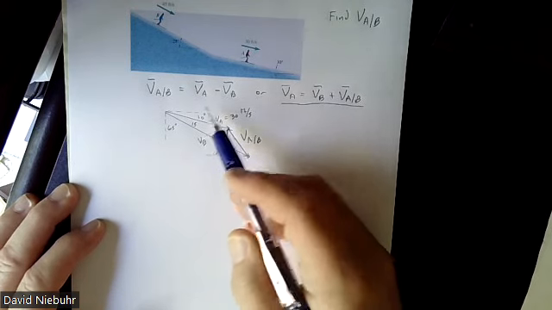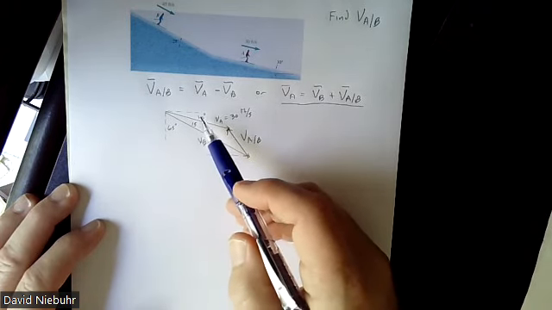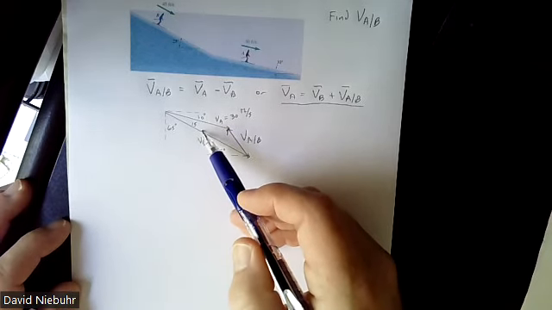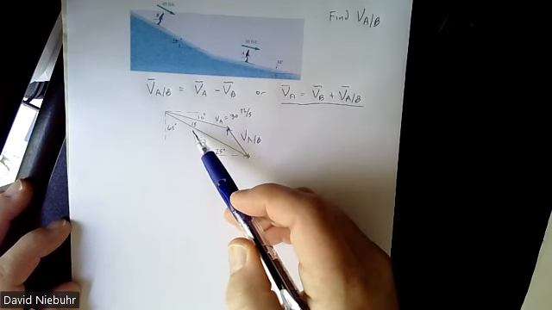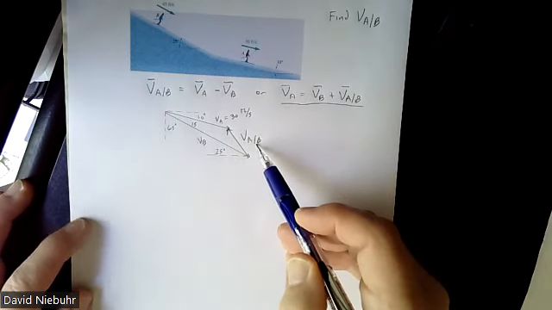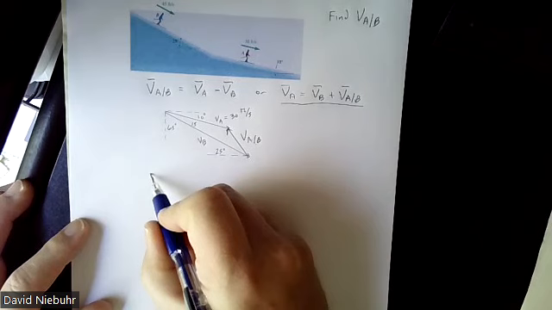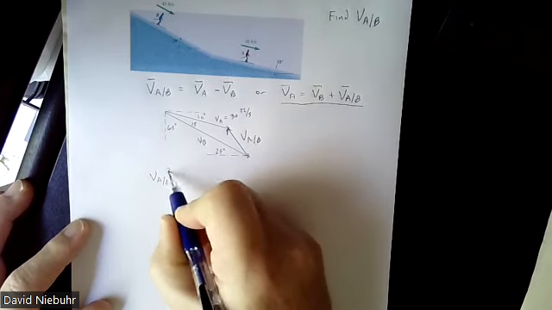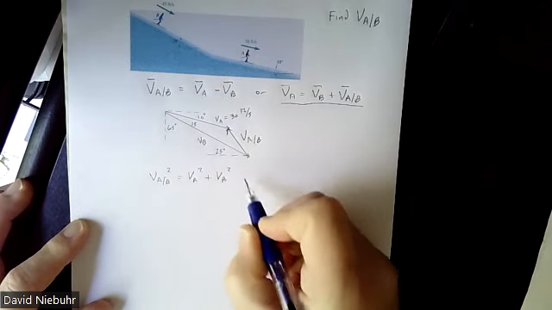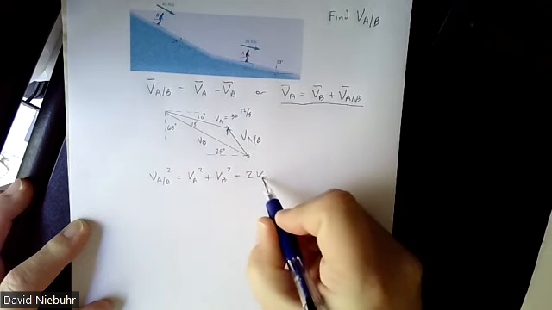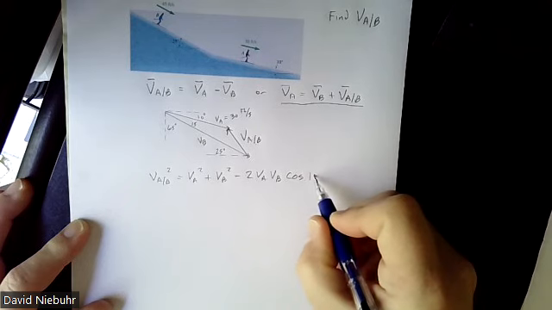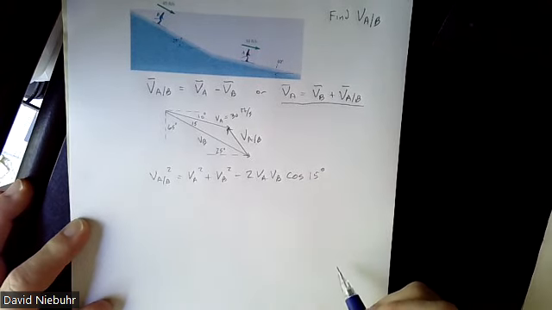And because we know that, that's good for the law of cosines, because generally with the law of cosines, if you know the magnitude of this side, the magnitude of that side, and the included angle between the two, then that allows us to solve directly for the velocity of A relative to B. So if we do that, we get velocity of A relative to B squared equals velocity of A squared plus velocity of B squared minus 2 times velocity of A times velocity of B times cosine of the included angle, which is 15 degrees.